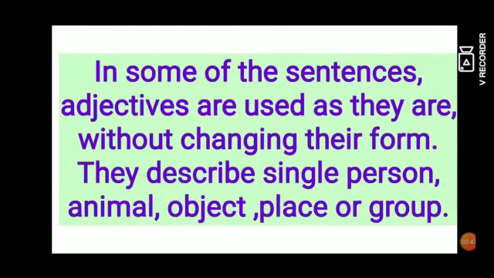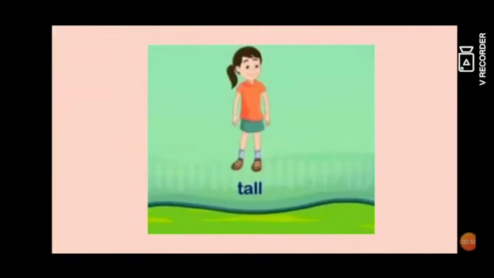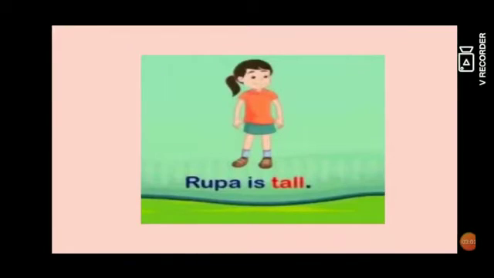They describe a single person, animal, object, place, or group. For example, tall. Here, tall is an adjective. Now let's take the example of a sentence, Rupa is tall. Here, we are using the adjective tall in its simple form.